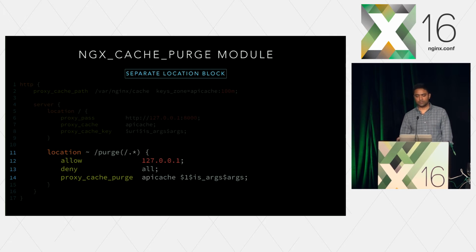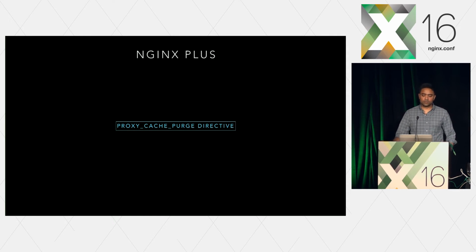It doesn't come by default. The other option is Nginx Plus. Say you're running Nginx Plus, you can use all the good things that come extra with it. One of the things it comes with is the proxy_cache_purge directive, which coincidentally is named the same as the one from the open source module.